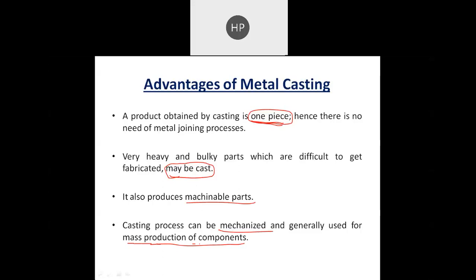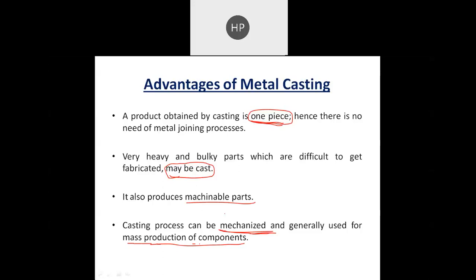Mechanized means we can make it automatically in some cases, so that production can be increased. If the same product is to be produced repeatedly, we can mechanize it, and then we can make a large quantity of the same product using this casting process.